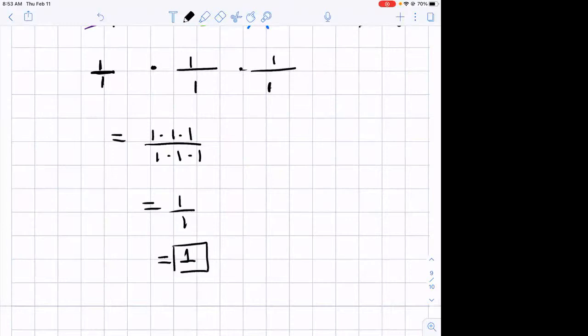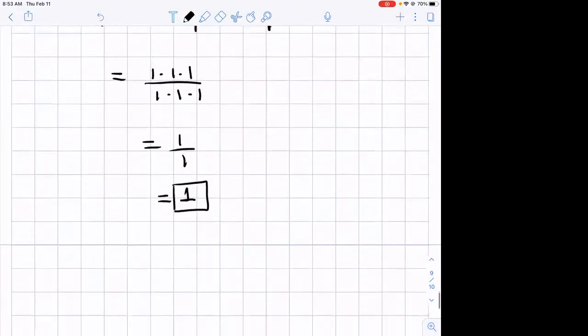And this is the final answer. You cannot say everything canceled out and that's it. So we don't have to multiply only 1 term or 2 terms or 3 terms. We can also multiply many terms.